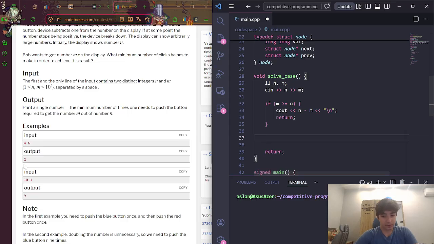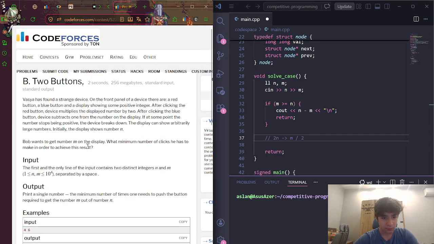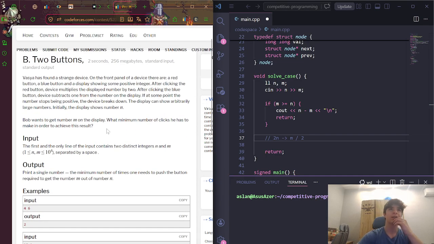Then I will try this one. It's like this: if we do 2 multiply n, then for m it's going to be m divided by 2. What's the time limit? 2 seconds. Oh, the greedy algorithm is really bad.